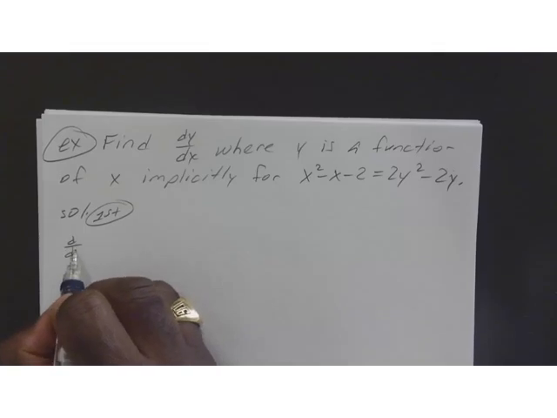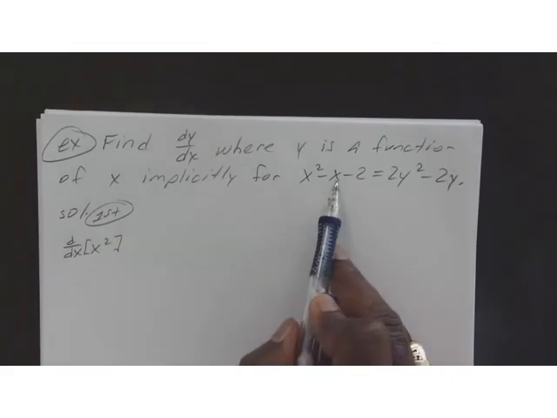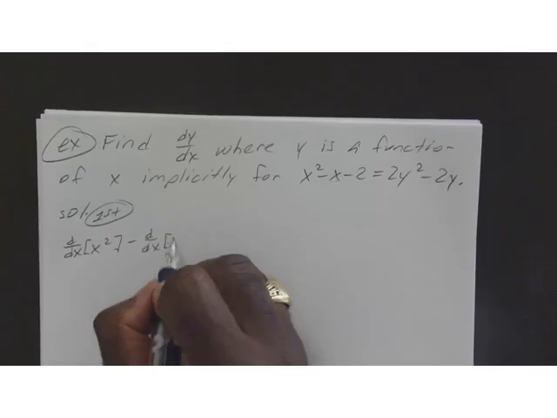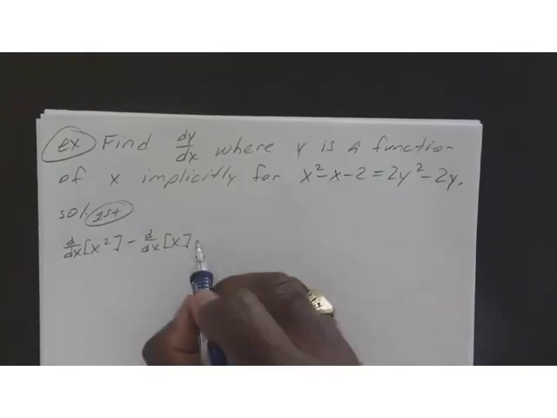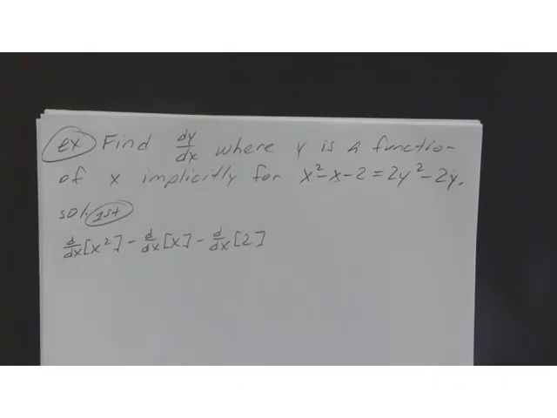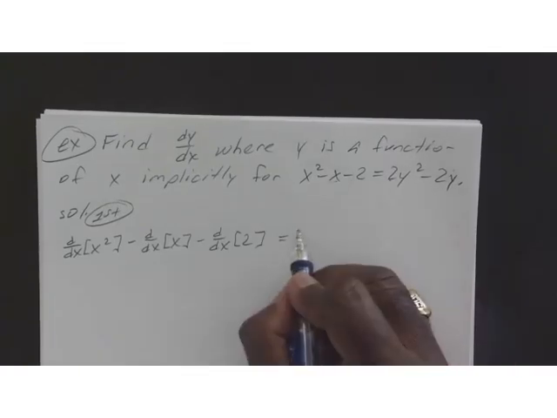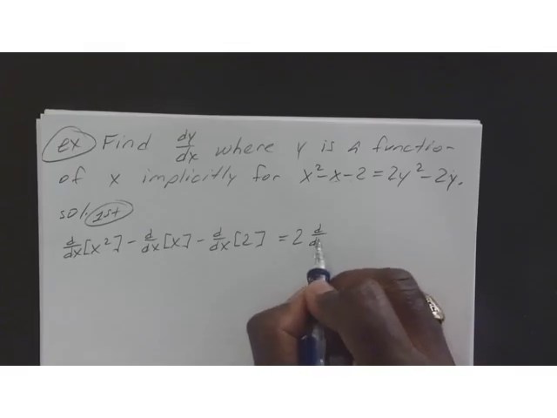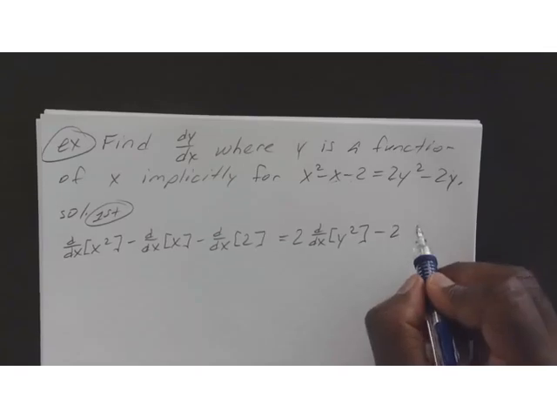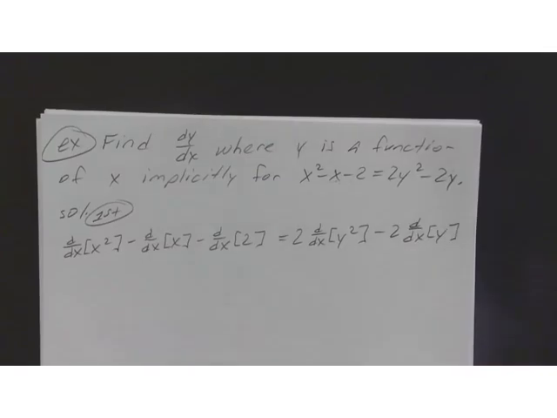So we have the derivative with respect to x of x squared minus the derivative with respect to x of x minus the derivative with respect to x of 2 is equal to, we can factor out that 2 right there, 2 times the derivative with respect to x of y squared minus 2 times the derivative with respect to x of y.